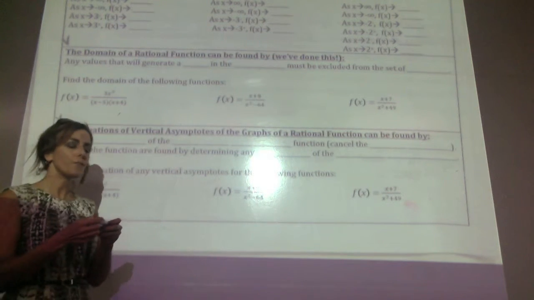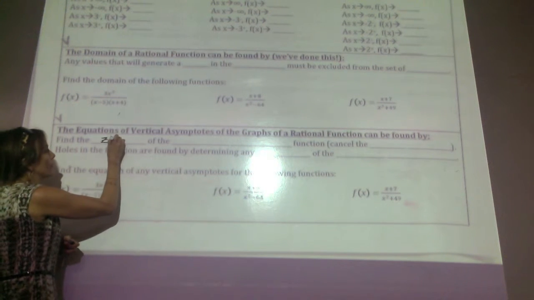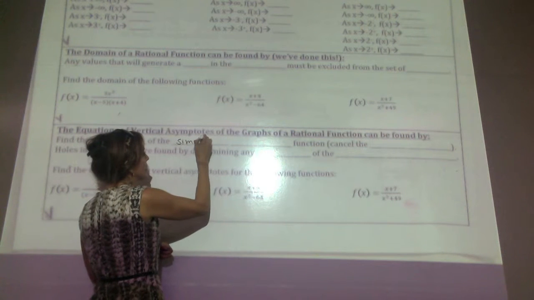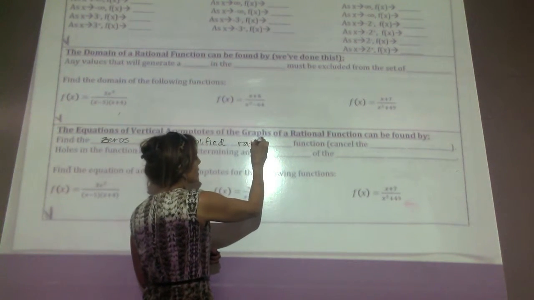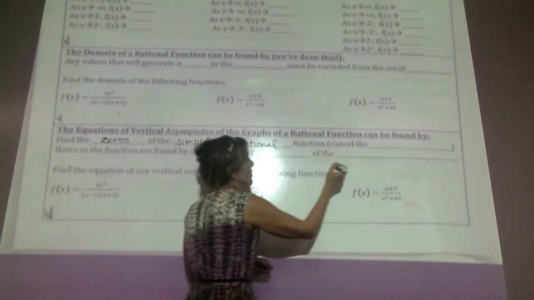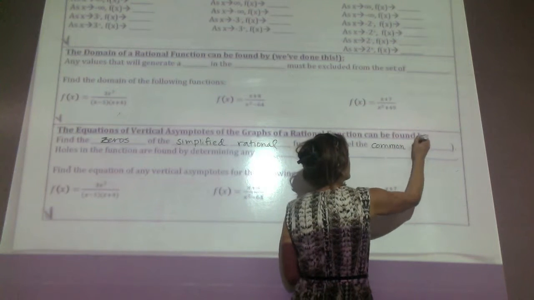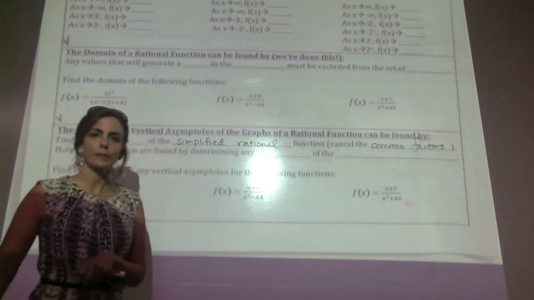Well, if you find the zeros of the simplified rational function, in other words, cancel your common factors, those would be your vertical asymptotes.